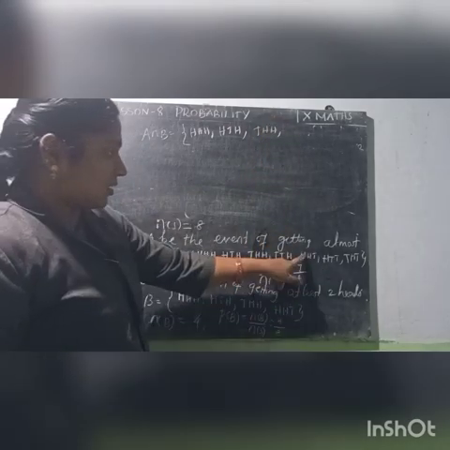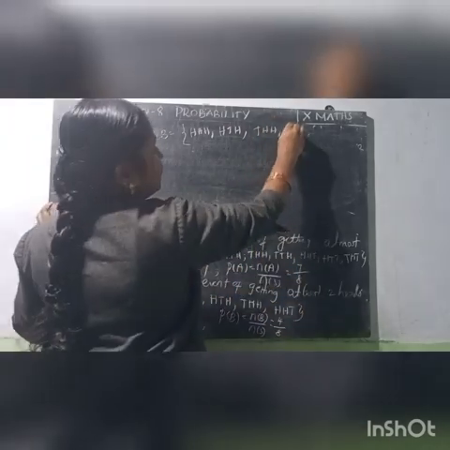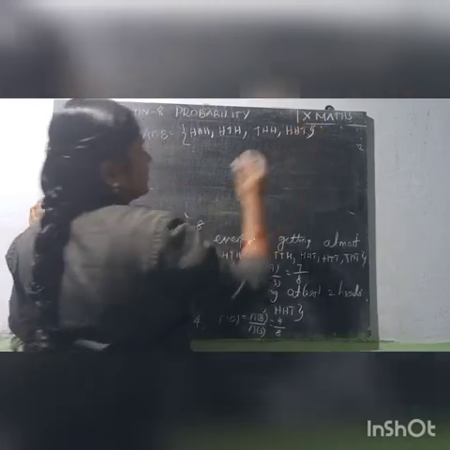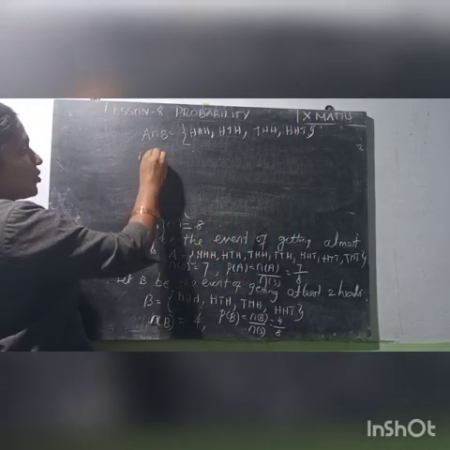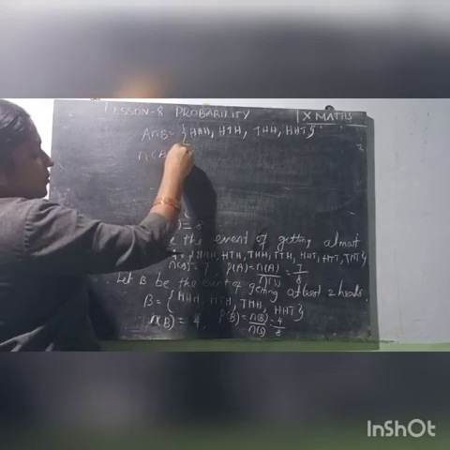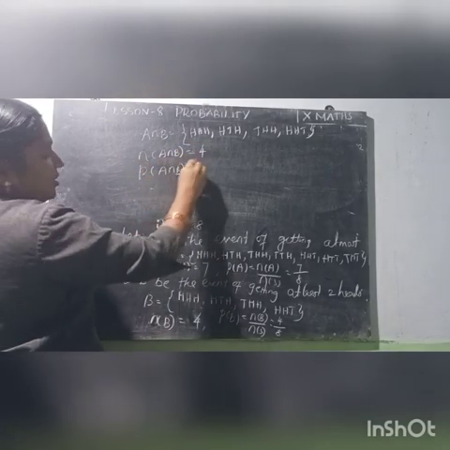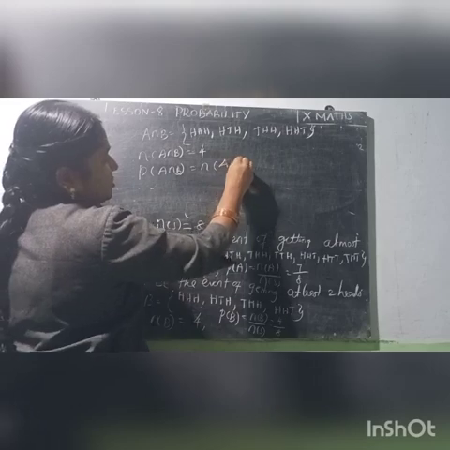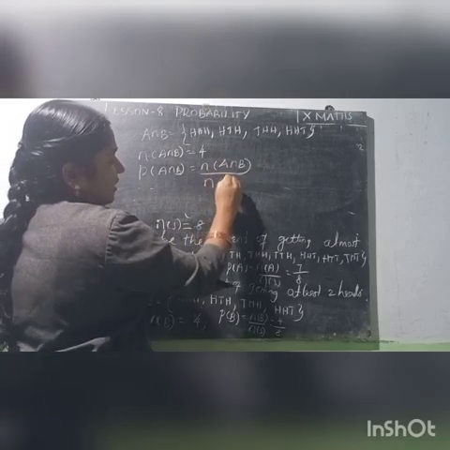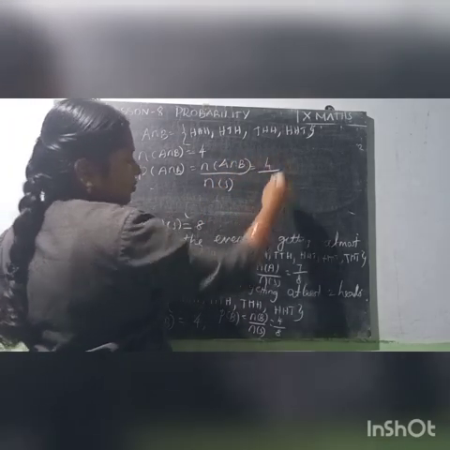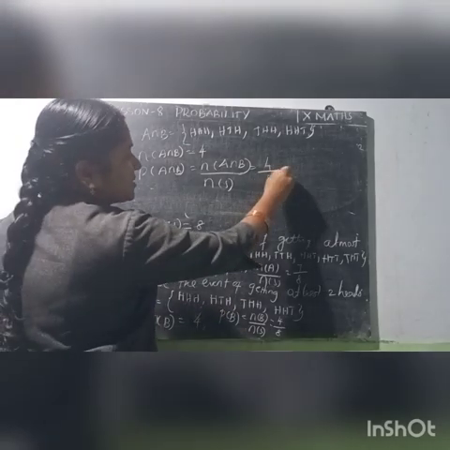Then HHT also common. So 4 events are common. So n of A intersection B equal to 4. So P of A intersection B equal to n of A intersection B by n of S. So 4 by 8, as the value of n of S is 8.